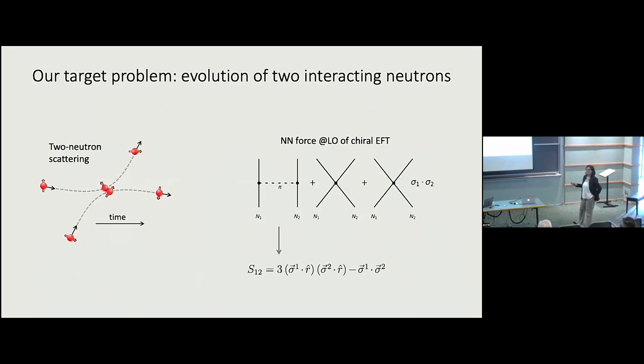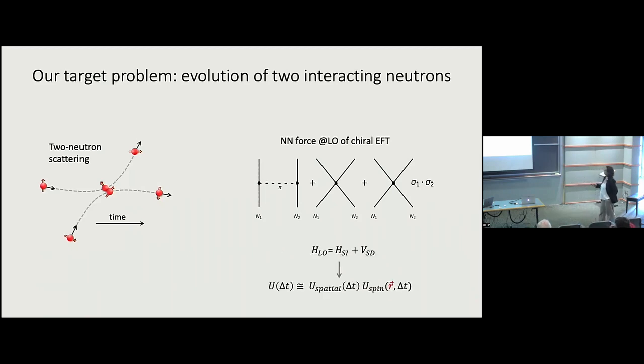So now, what did we do with this? We looked at the scattering of two neutrons, and we did it with the nucleon-nucleon force at leading order of chiral effective field theory. I just want to remind you that there is pion exchange, it has a tensor force, but briefly, this interaction, this Hamiltonian, has both terms that depend on the spin that I'm showing here, and terms that do not.